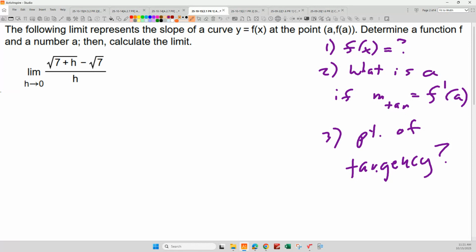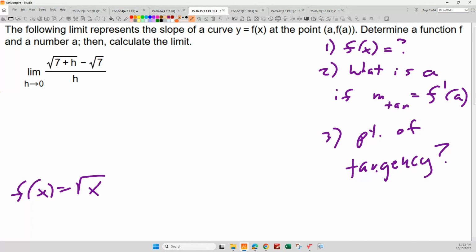You're right. So we know f of x is the square root of x. And what's the value of x, call it a, at which we're trying to evaluate this derivative?